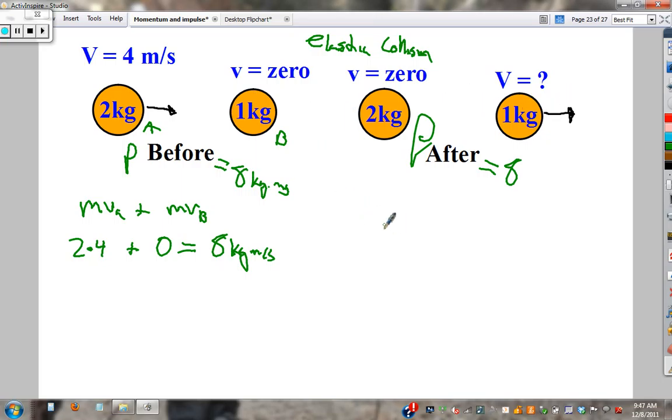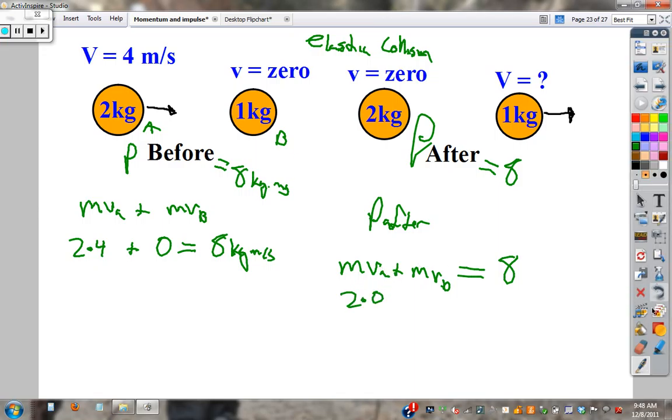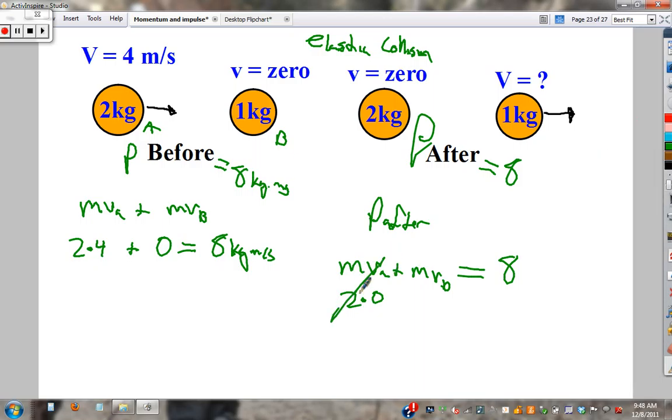So let's see, we have momentum after is the same as m v A plus m v B. And we know that all of this stuff equals 8. Well, 2 times 0, this guy's gone, because it's 2 times 0.